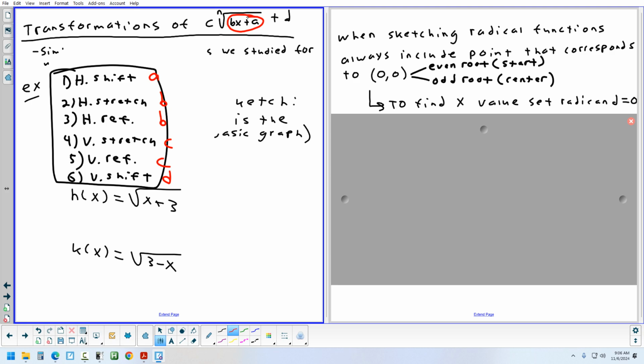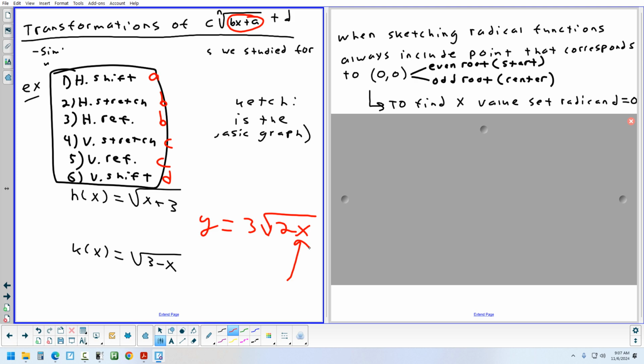Once you do that, you're going to have a number for x. You can take that x value, let's say you had something like this. Once you do the first part, set your radicand equal to 0 and solve, then you're going to have a number you're going to be able to plug in right there.